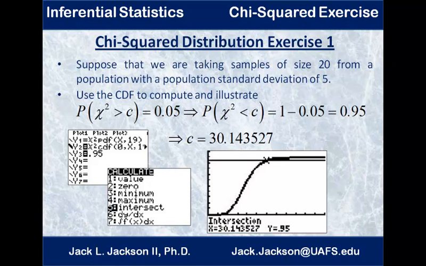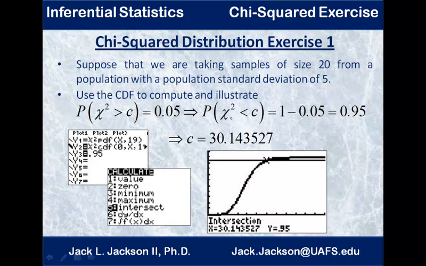we have to be a little careful on this one because remember the CDF always gives us cumulative probabilities to the left. So it doesn't do to give us something like probability of chi-square is greater than c. We need chi-square less than c. Well, the probability of chi-square less than c is 1 minus the probability that it's greater than c, which is 0.05.